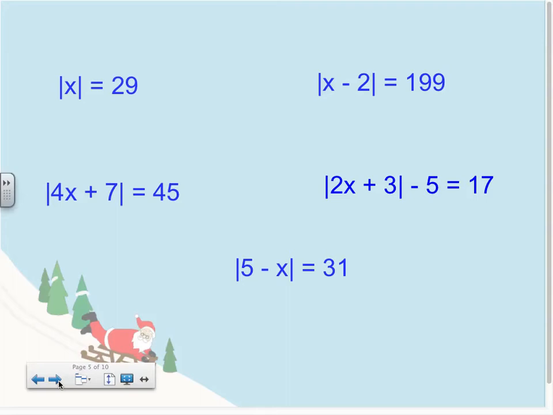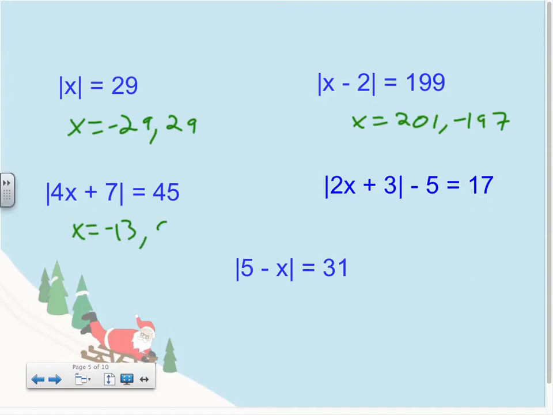So hopefully you took an opportunity to solve these 5 questions. Here are the answers that I got. For this first one, I have x equals negative 29 and positive 29. Over here, I have x equals 201 and negative 197. Down here, I have x equals negative 13 and 9.5.